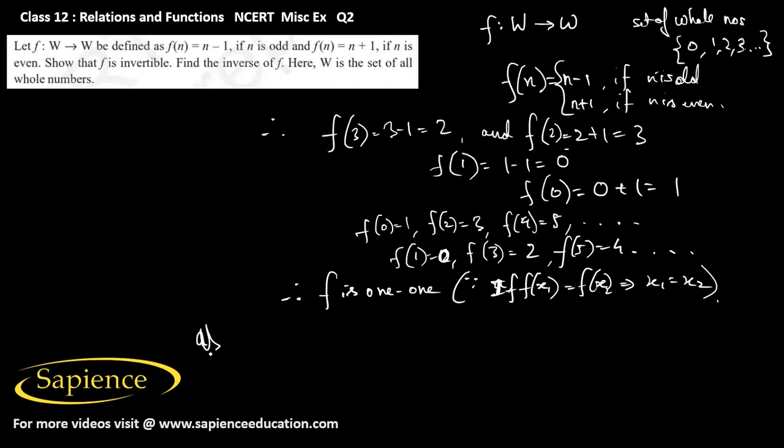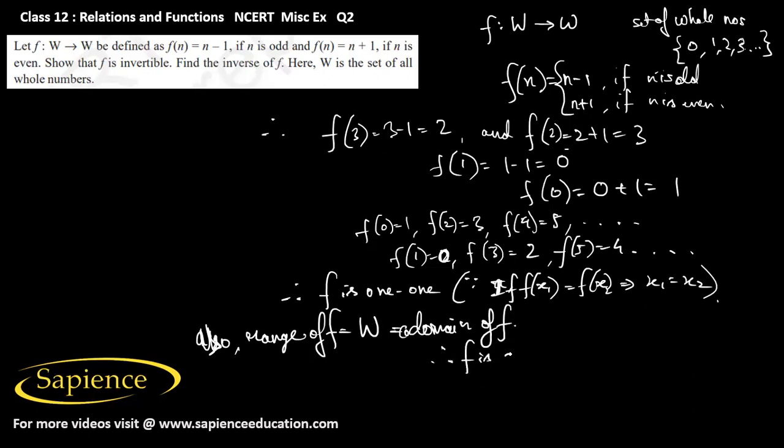And also we can say that the range of the function f is also equal to the set of whole numbers, which is also equal to the codomain of the function f. So codomain and range both are W.